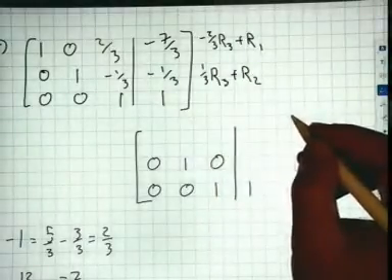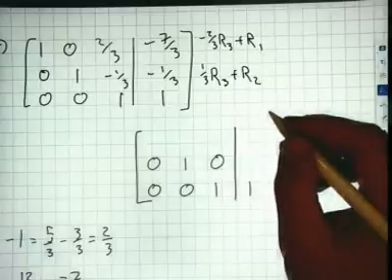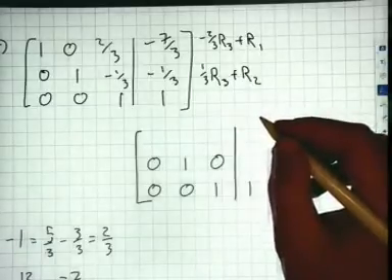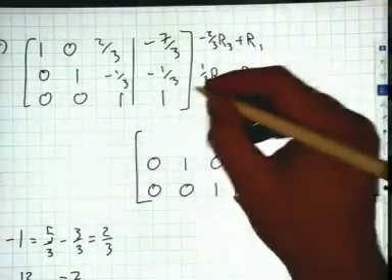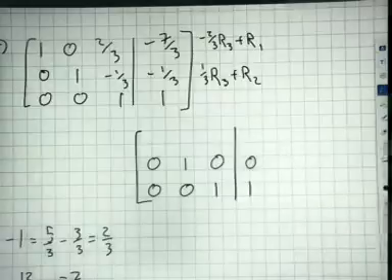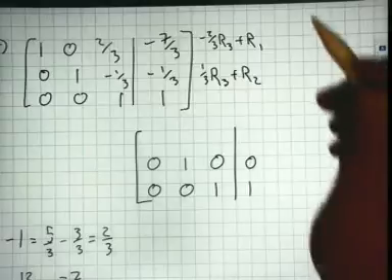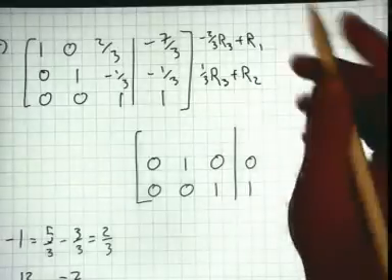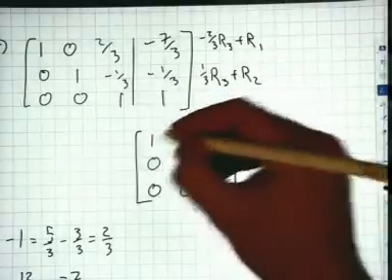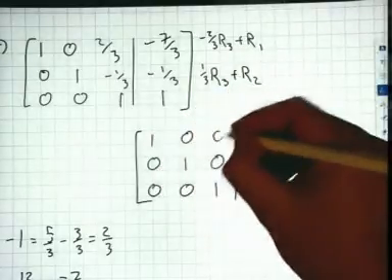Alright, here we go. That's going to become 0 as well. Okay. Hopefully we are on the right track. I don't have my answer key up. We're about to find out. Then you're going to get 1, 0, 0.